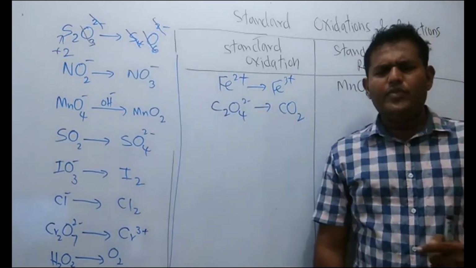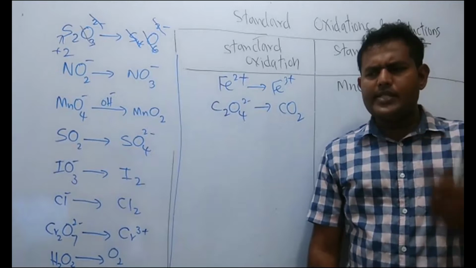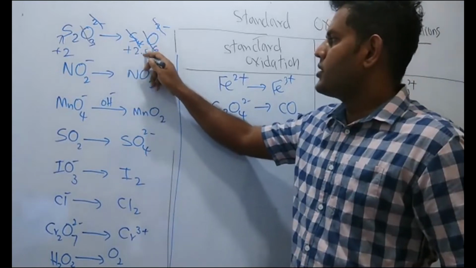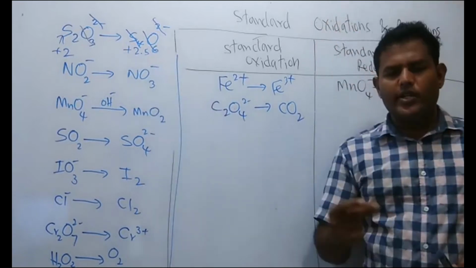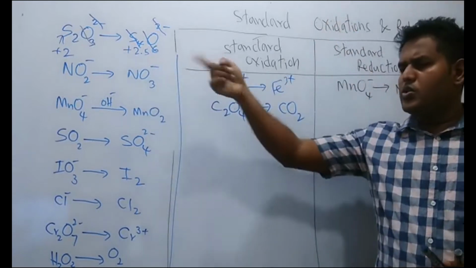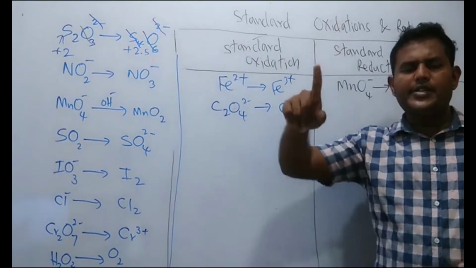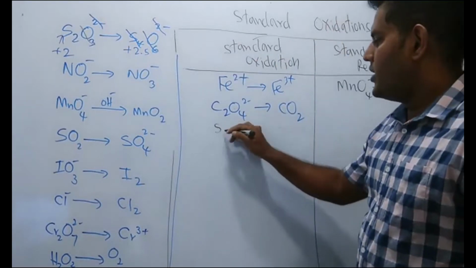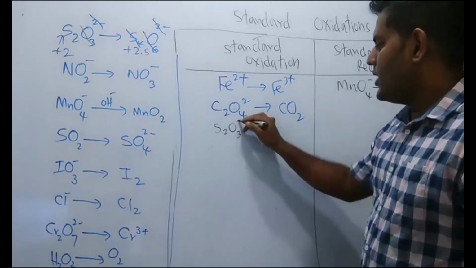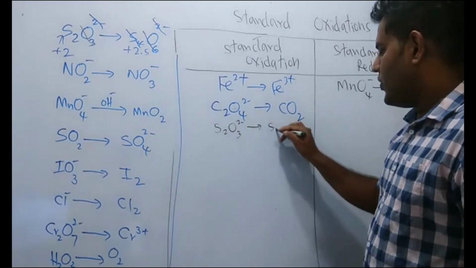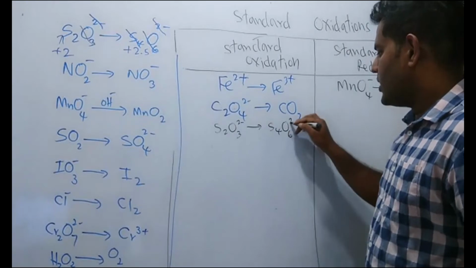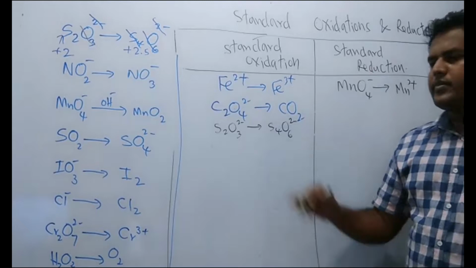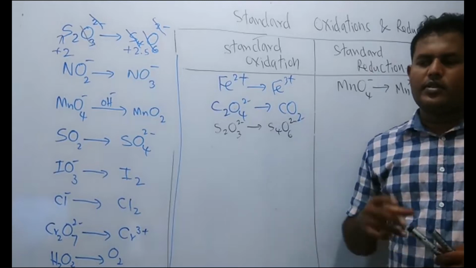For 1 sulfur atom, it is +2.5. So it is clear. +2 to +2.5, the oxidation number is increasing, it's an oxidation. So you can write it here: S2O3 2- to S4O6 2- is an oxidation, thiosulfate to tetrathionate, oxidation, next to the arrow.